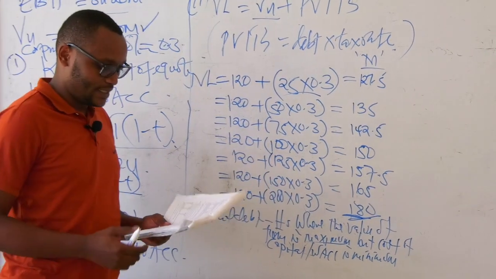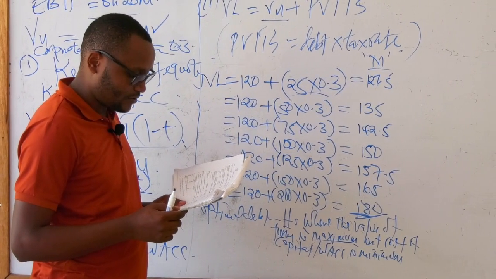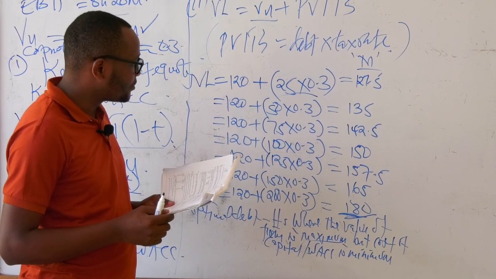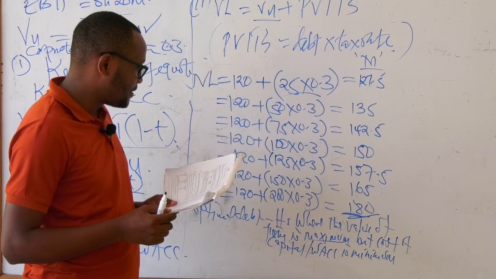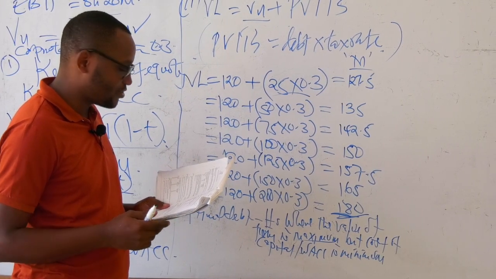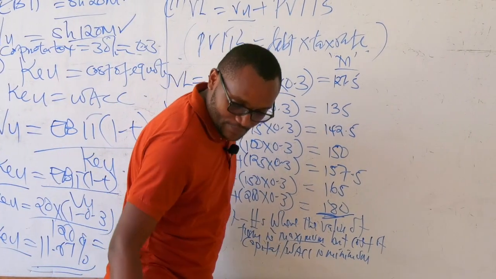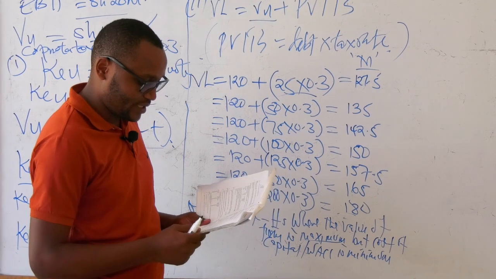And the value of the debt at the maximum value of the firm is going to be 200. So that is the value of the firm at this maximum level. So that is what we had for the 6 marks.